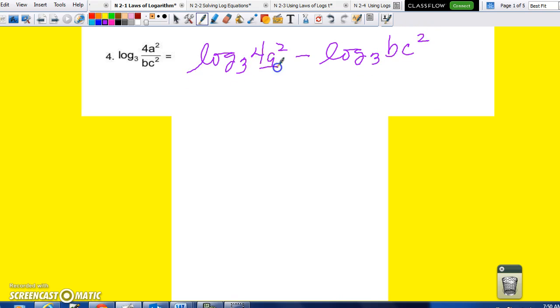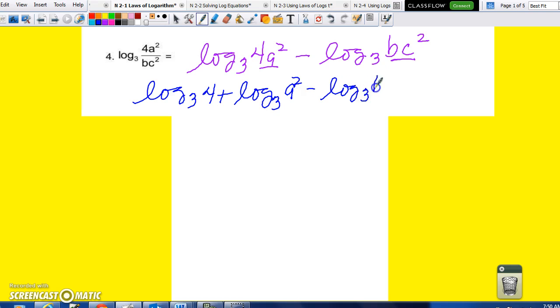But now I have to deal with this multiplication here. So because it's multiplication, it's really addition. So I really have log base 3 of 4 plus log base 3 of a squared, bring down my minus, log base 3 of b plus log base 3 of c squared.